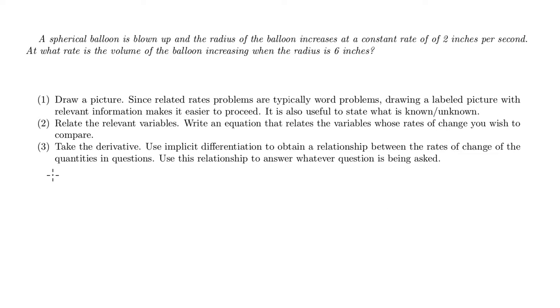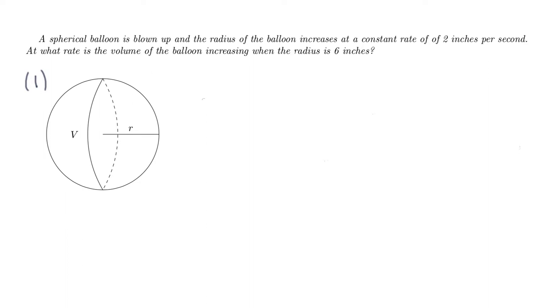So let me walk you through this example that we have here about the spherical balloon and try to boil it down into doing these 3 steps. Okay, so here I've done step 1, or at least the first part of step 1.